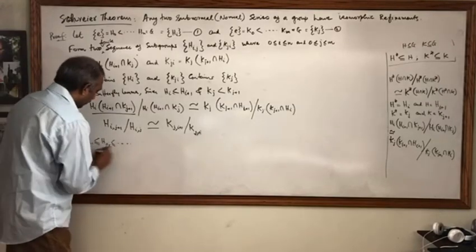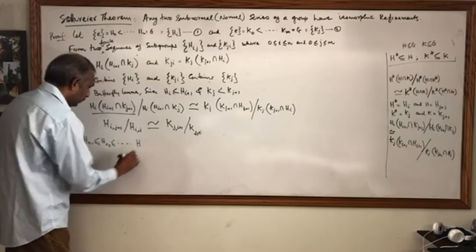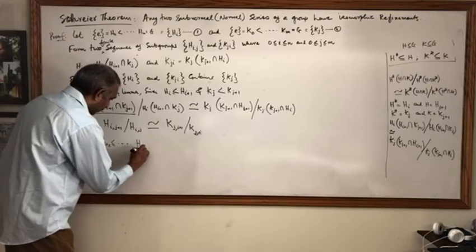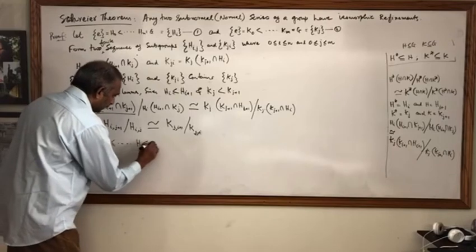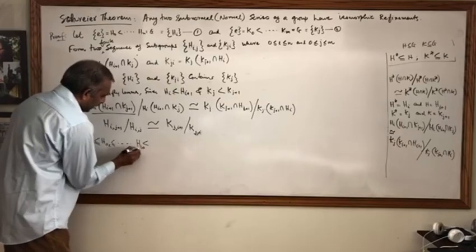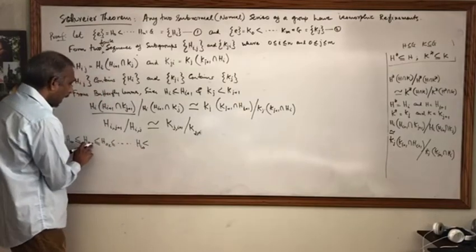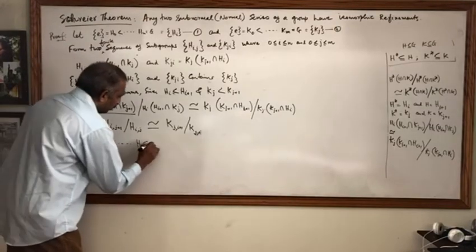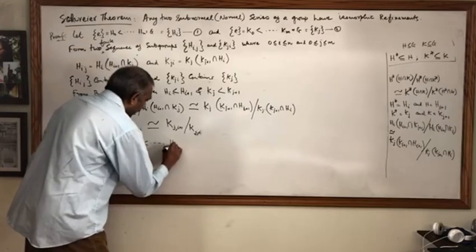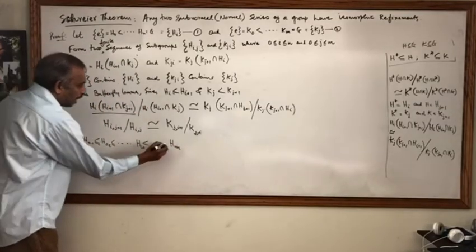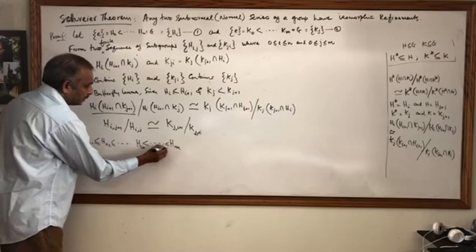And it goes all the way up to H10. Then this is actually equivalent to 0M. So it goes all the way up to HNM. So this is how the sequence is formed.